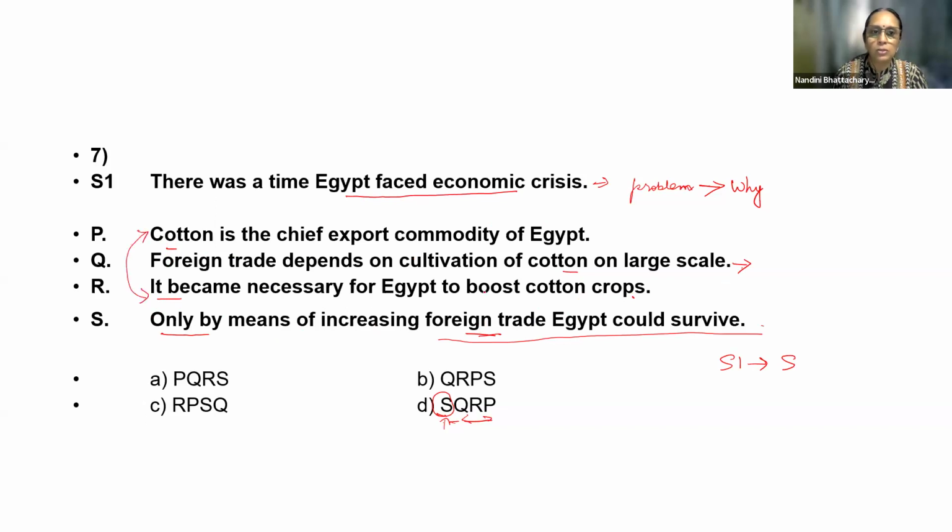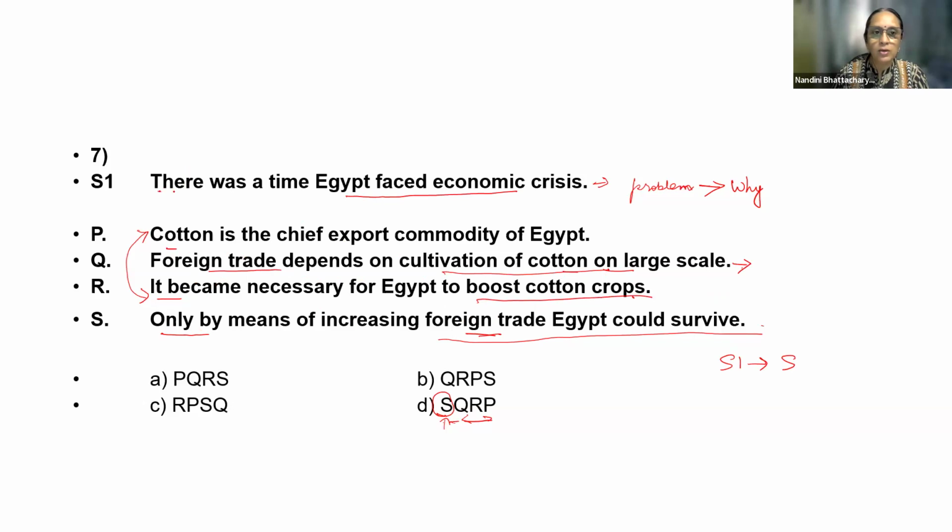These two, of course, should come together, but in what order? If foreign trade depends on cultivation of cotton crops, then boosting cotton crops would become important, right?